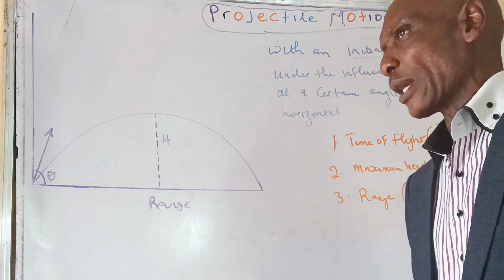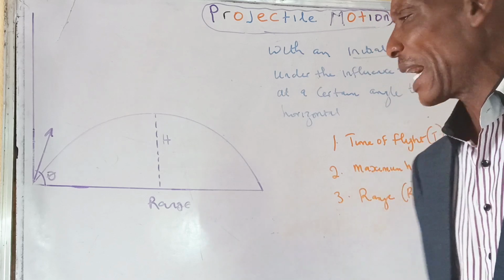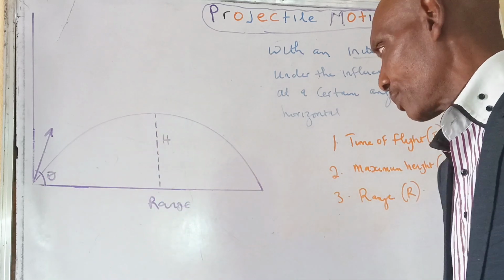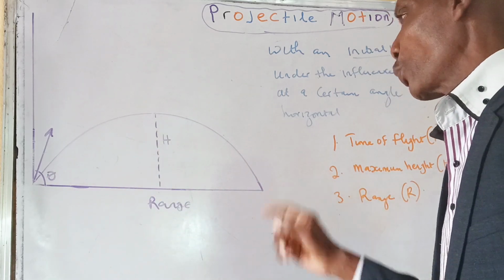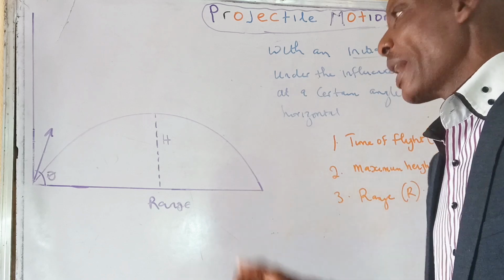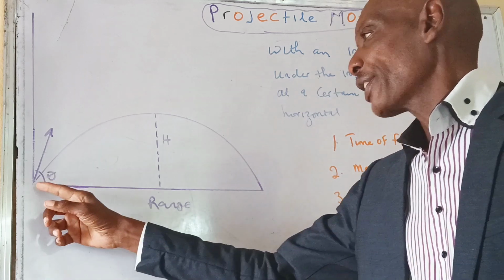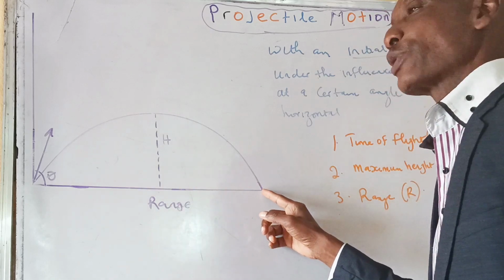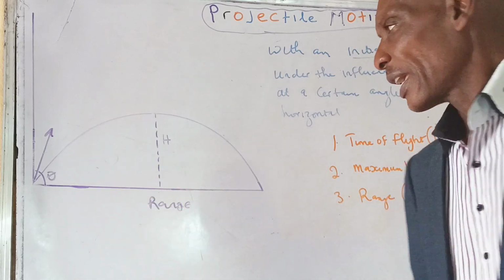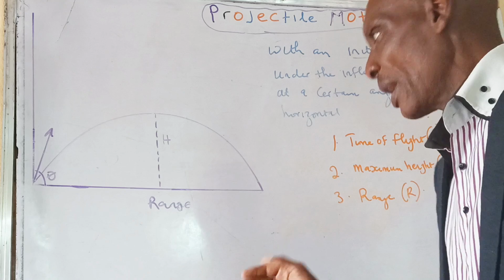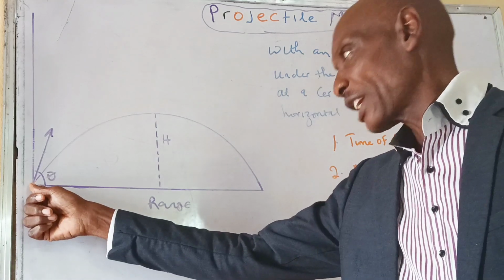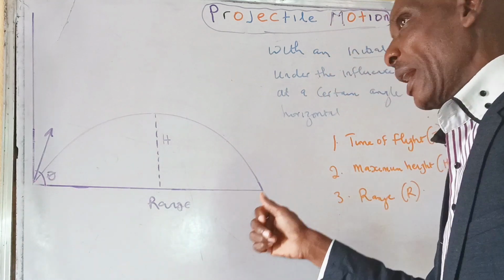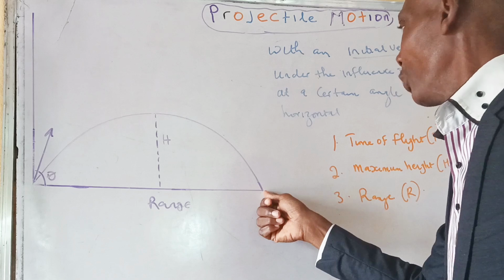What do we mean by time of flight when we're talking about a projectile motion? It simply refers to the total time in between the point of projection and where the body comes to rest. So let's go again. It refers to the total time in between the point of projection and where the body comes to rest.